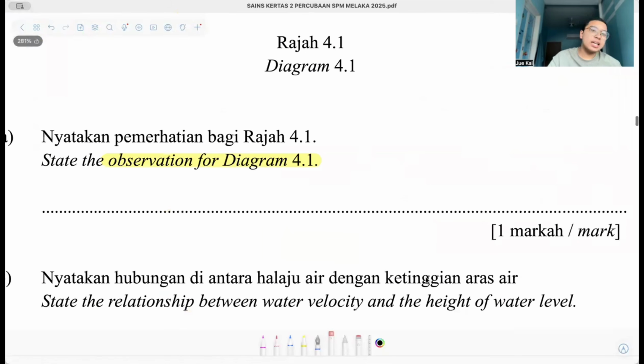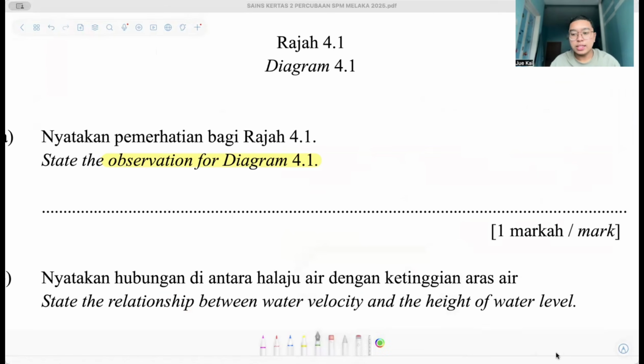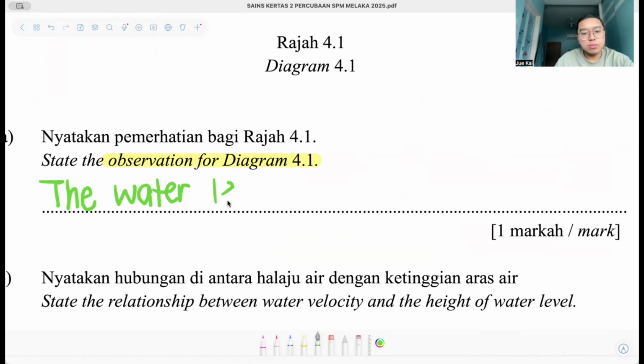So observation, as Benny said, the water level of U is the lowest. Qishan said the water level of W is the highest. That's the observation, no need to waste time. The short notes, later I send to you guys after class. Okay. So the water level of U is the highest.